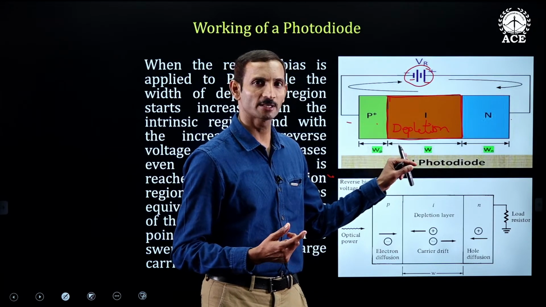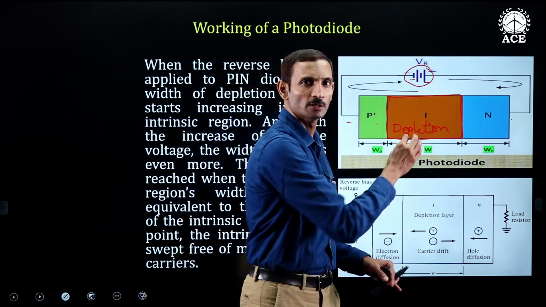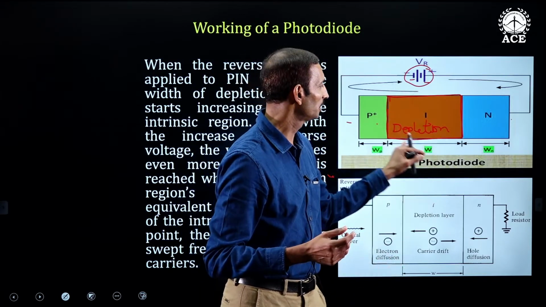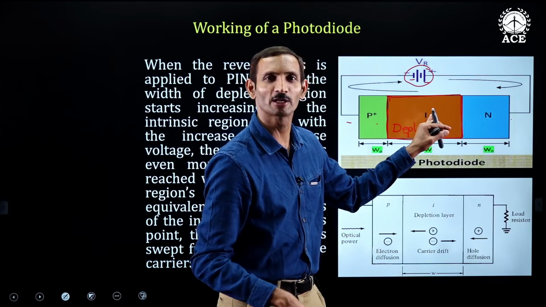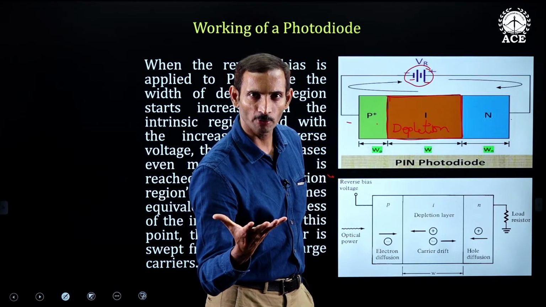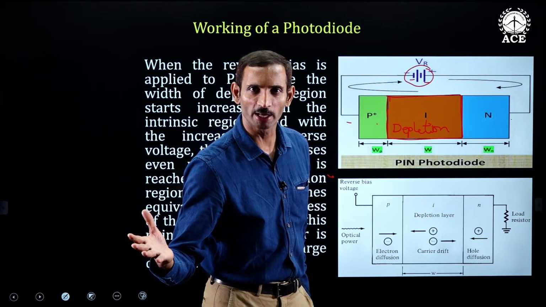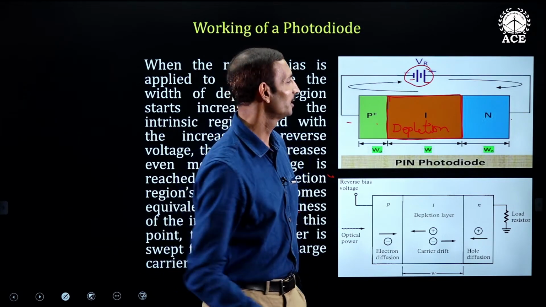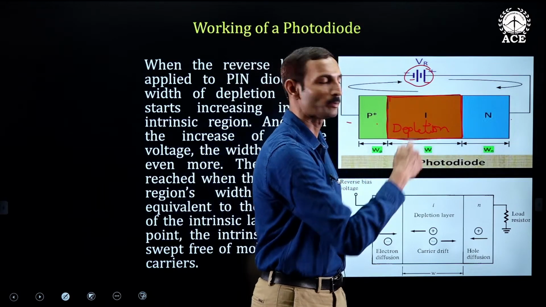Because high reverse bias is there, as and when light falls in the intrinsic region, which happens to be the depletion region, light will be absorbed and more charge carriers are produced. Each photon produces a charge carrier, so quantum efficiency is high, and these charge carriers move in opposite directions.